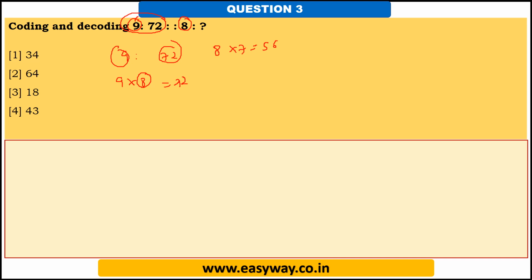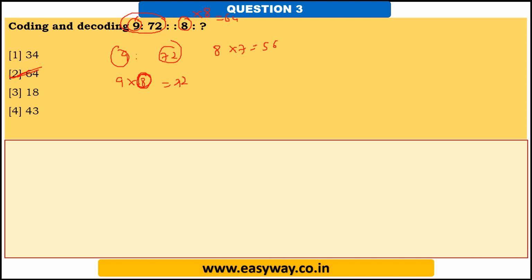Okay, so here what number are we multiplying? We are multiplying 8 here. So if we multiply 8 here, then we will get 64. So is 64 in the options given? Yes. So that means option number 2 is the correct answer. Okay, coding decoding can be of n number of types, so we have to identify which type it is. If the option is not present, then we should go for the next way.